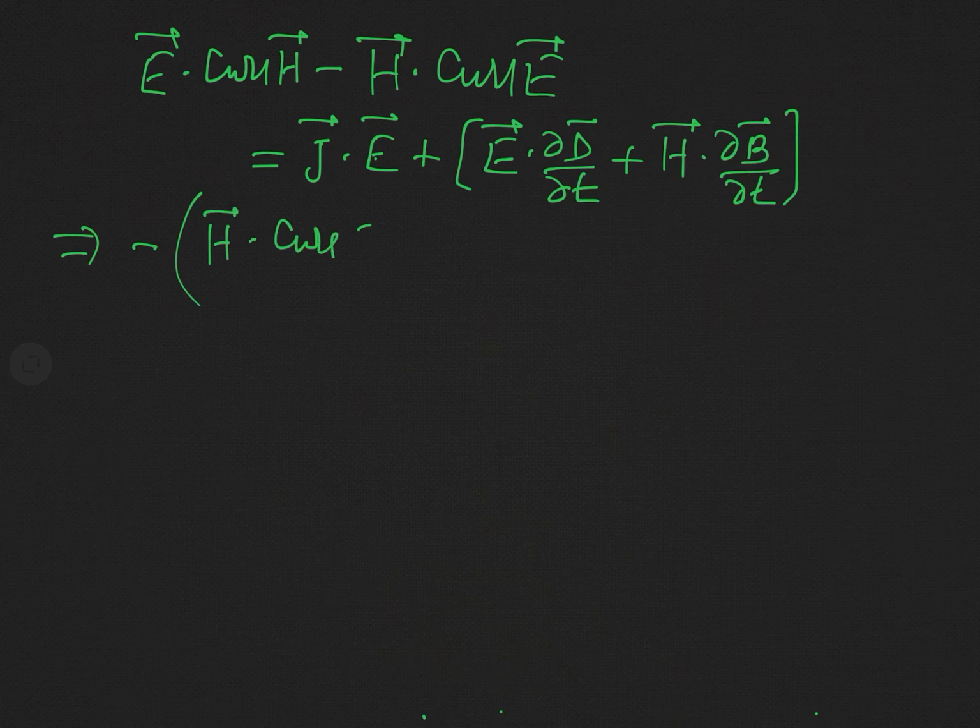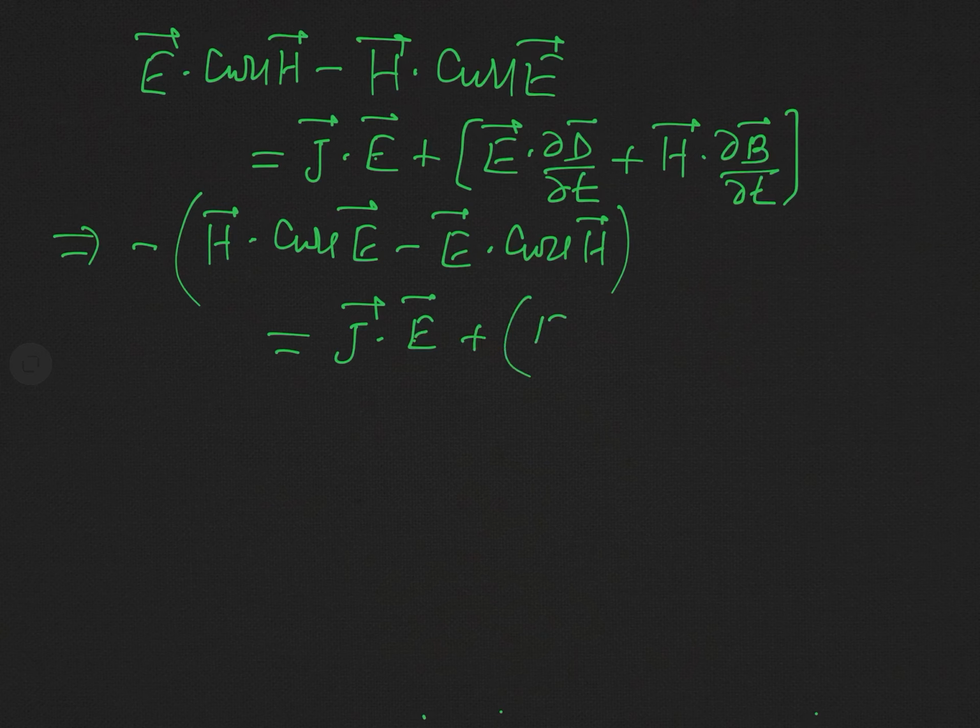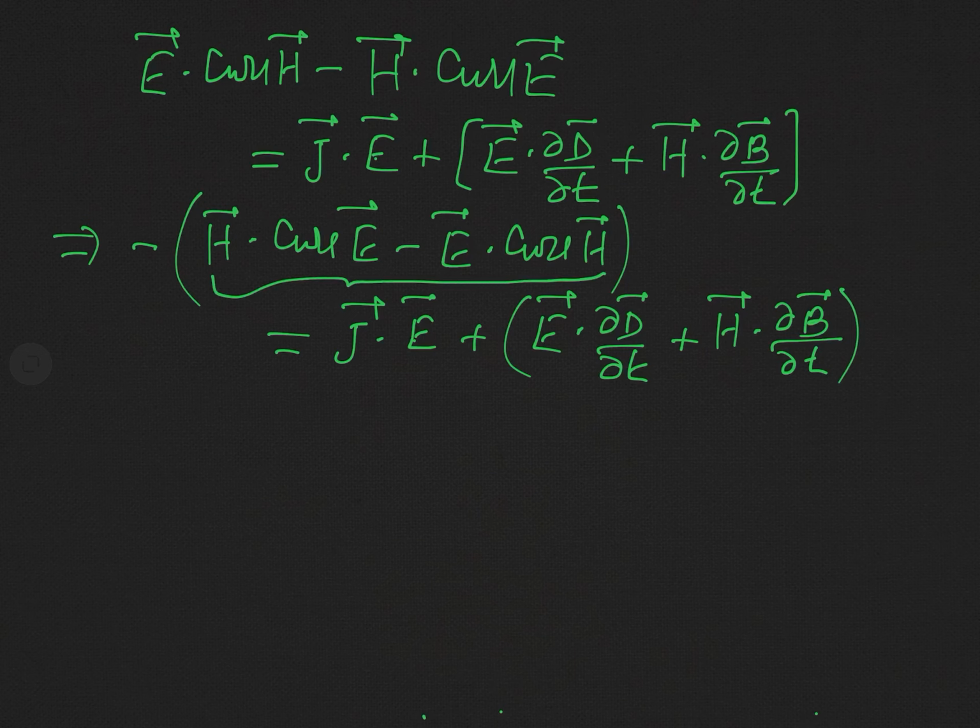This will be H dot curl of E minus E dot curl of H, and this is equal to J dot E plus E dot del D by del t plus H dot del B by del t. We can write it in this way.